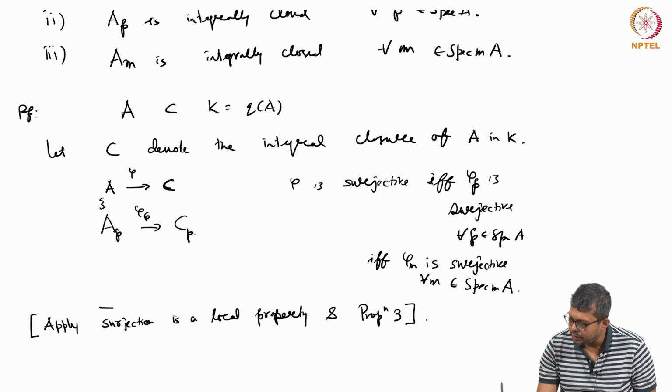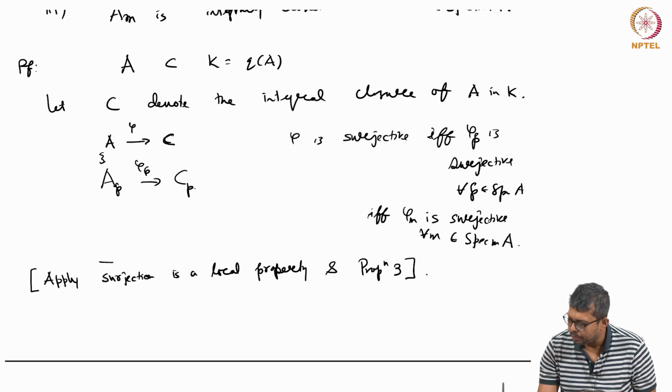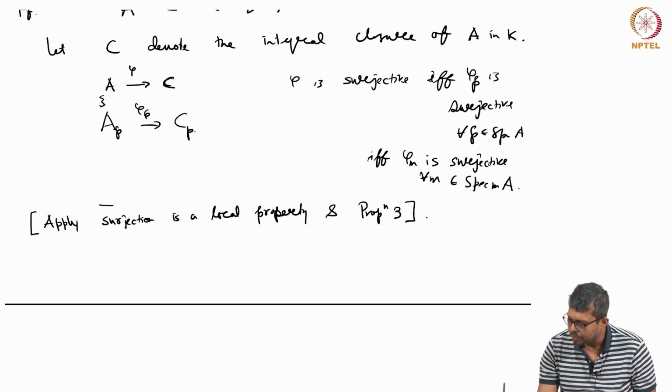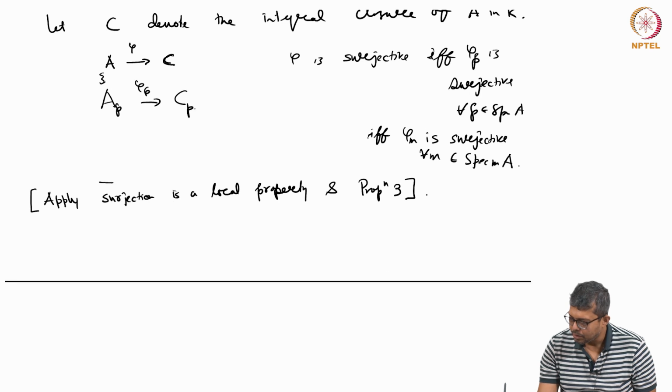So, this says that integral closedness is a local property. Okay.